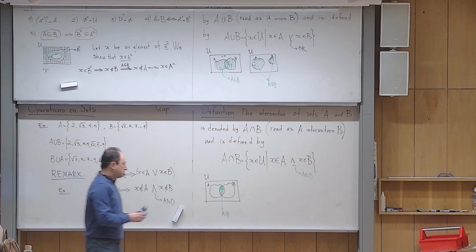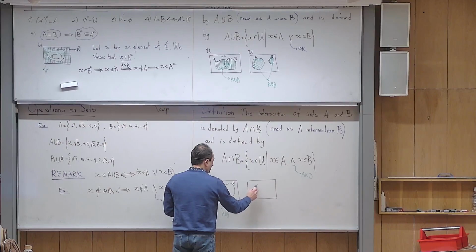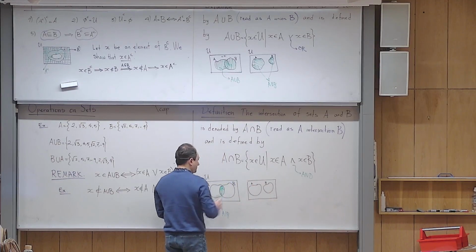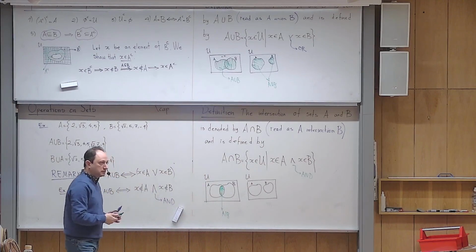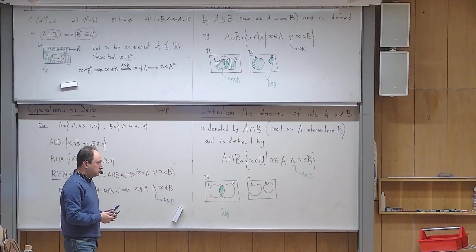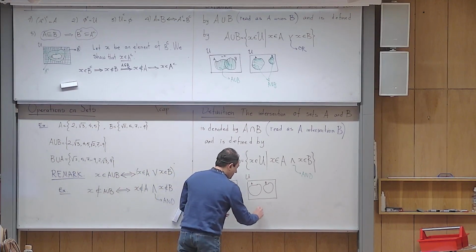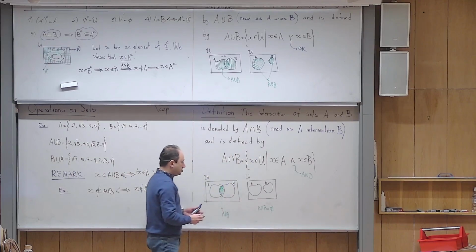Okay, what about this picture? If I have A here and B here, so then what happens, do you think? Where should I hatch? Where should I color? Yeah, there is no intersection. So it means the intersection of A and B is equal to the empty set. There is a terminology here.